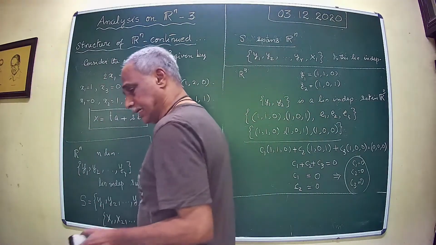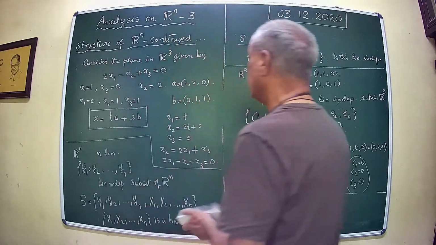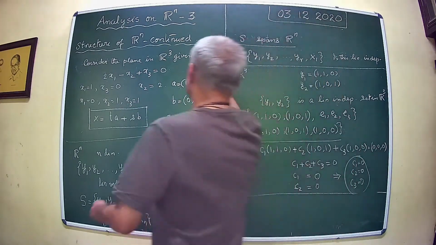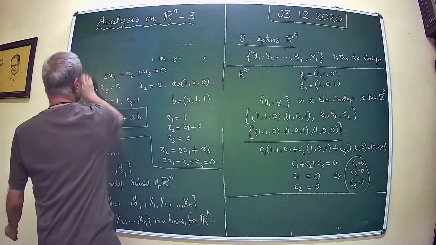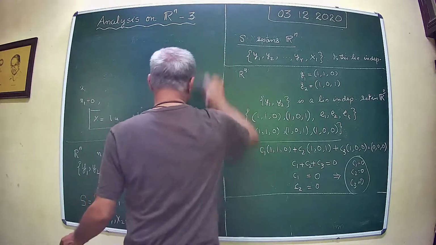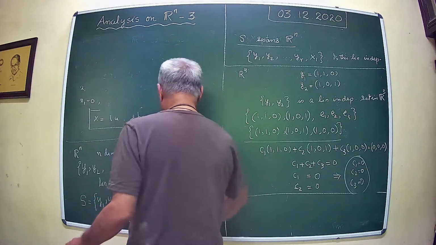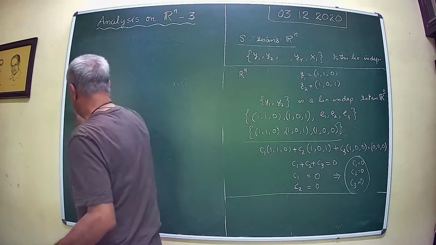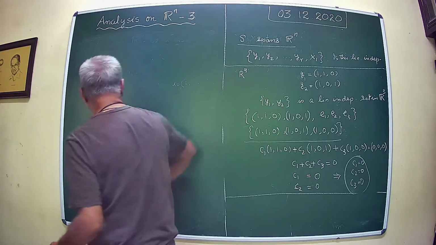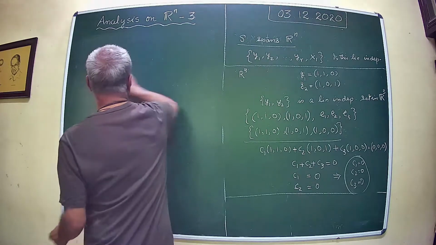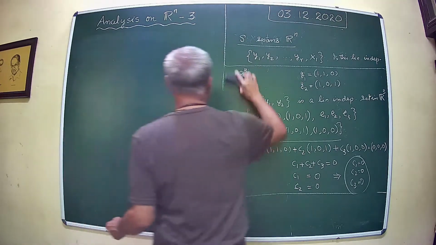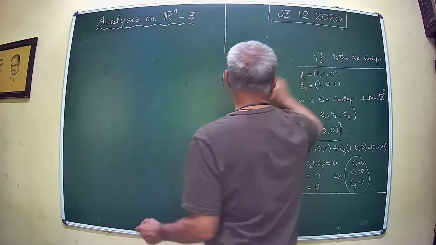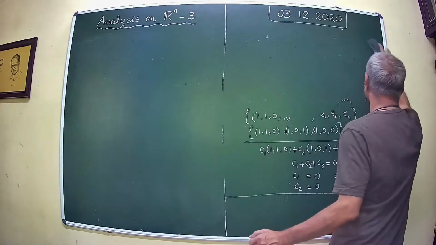Now I think I will consider linear transformation. So we have more or less completed the essentials of the structure of Rn that we need. Now we are going to do what you call linear algebra on Rn.